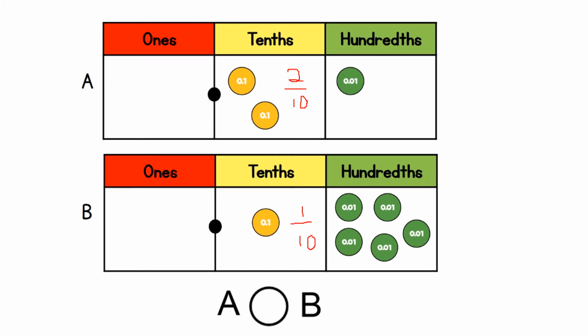And in the hundredths column, we have 1/100, and in the second one, you count with me, 1, 2, 3, 4, 5, 500.